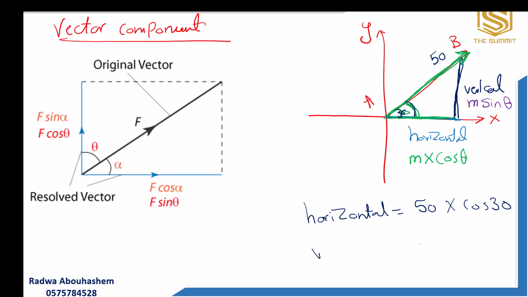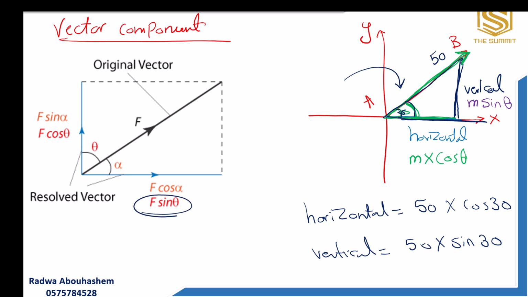Or if I need the vertical component, it would be 50 multiplied by sine 30. And pay attention again, the angle should be the angle between the x-axis and the vector. What if I have this angle? Then I have to switch the sine and cosine. Okay?